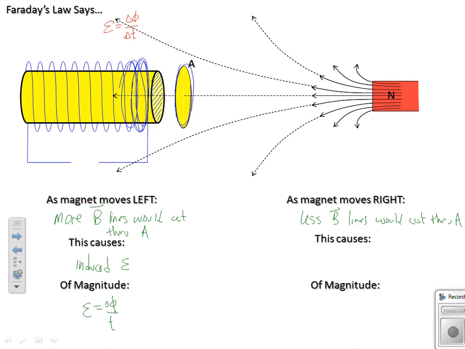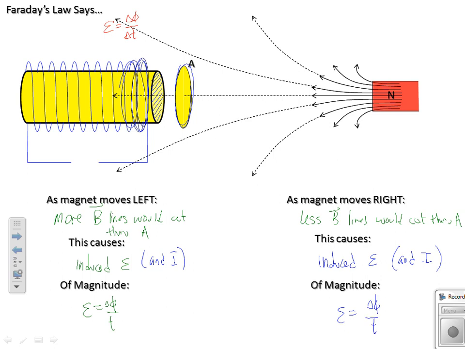That would also cause an induced EMF, and therefore a current. And the magnitude of that would be delta phi over t also.